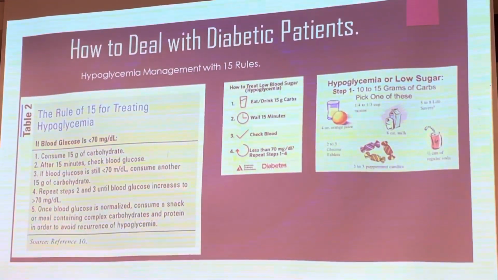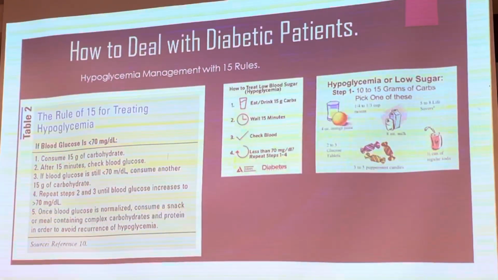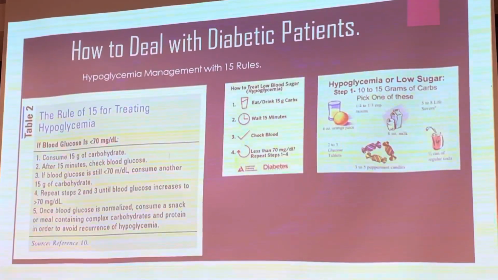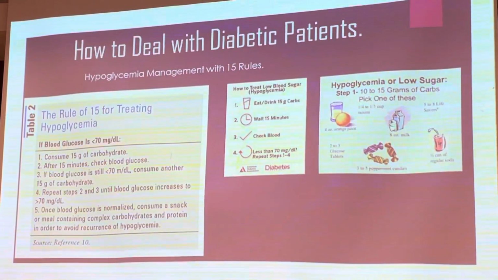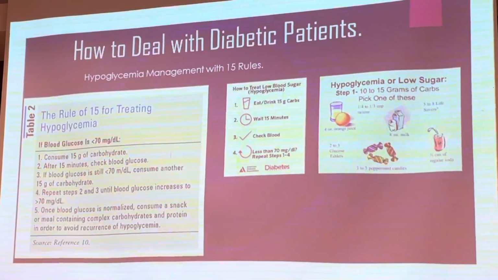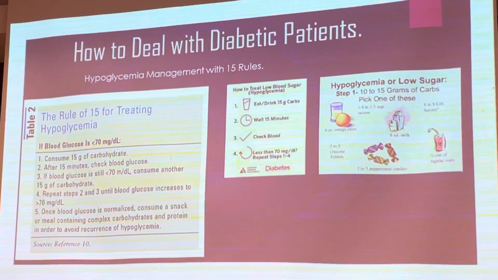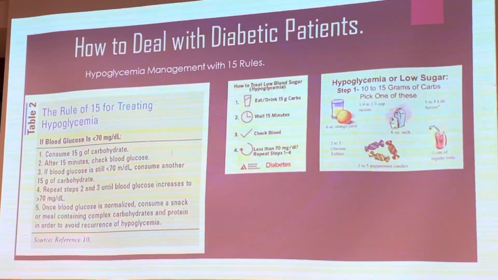You give the complex carbohydrate when you reach a blood sugar above 70, because if you give complex carbohydrate below 70, the blood sugar will not go up immediately, because it takes time.